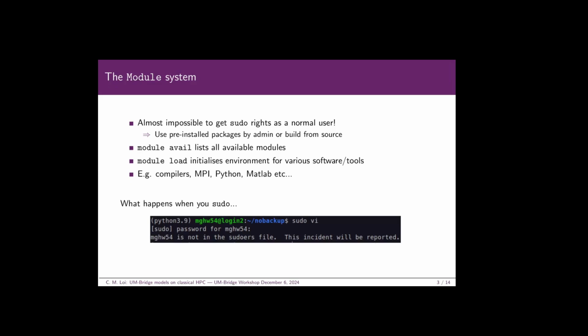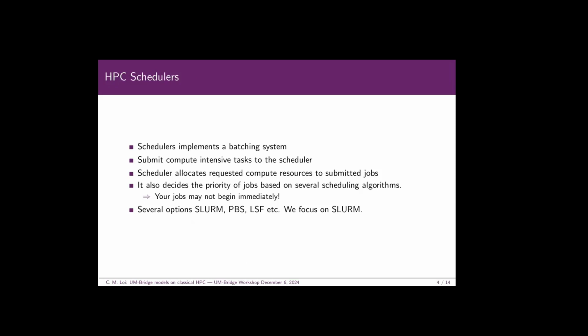Okay, the next slide. I've mentioned how the resources within HPC systems are managed by schedulers. What they do is implement a batching system where you can submit your so-called jobs to these schedulers, where they'll be put into a queue. This means that your job does not usually run instantaneously. Well, it depends on how much resources you are requesting.